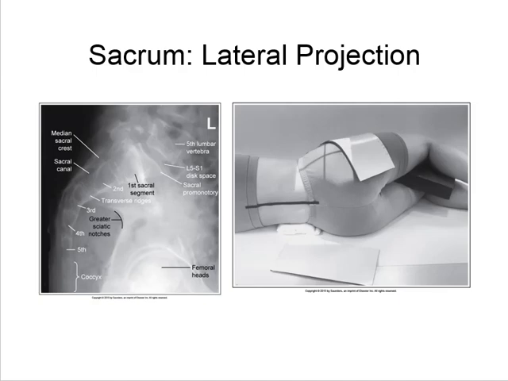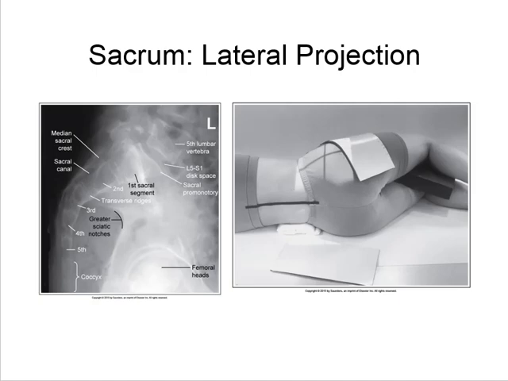I've never worked in a hospital where the sacrum and the coccyx were imaged separately on lateral. As a matter of fact, I don't know that I've ever worked in a hospital where sacrum and coccyx weren't a single series. So you shot AP of the sacrum, AP of the coccyx, and then a lateral of both.